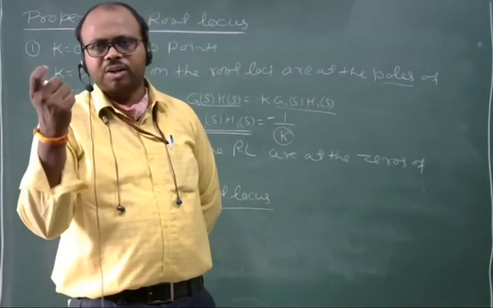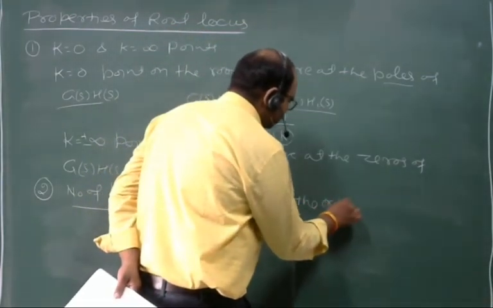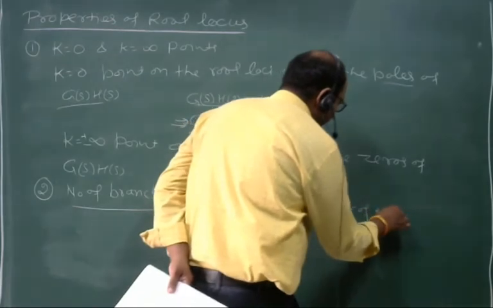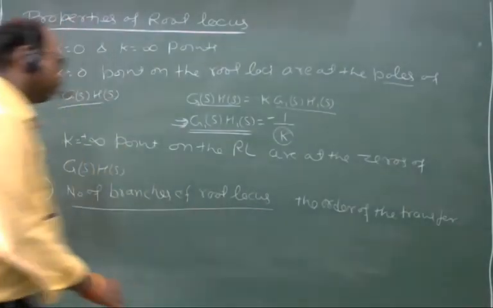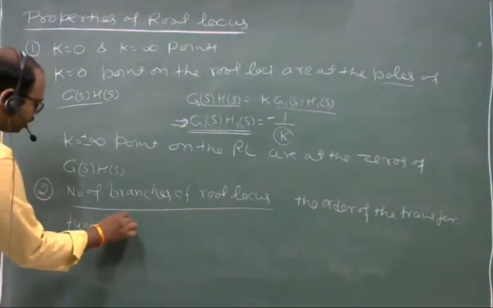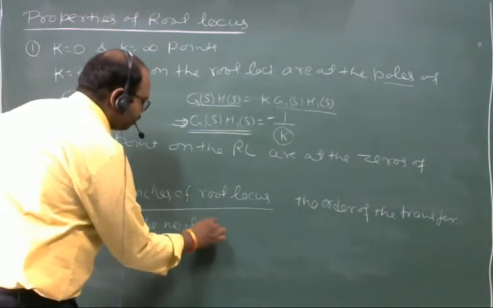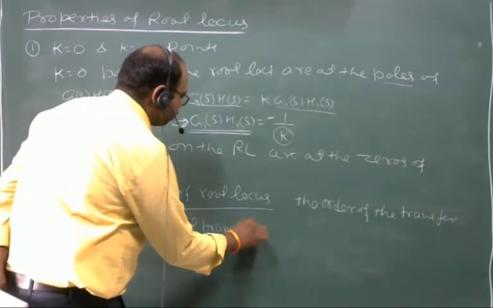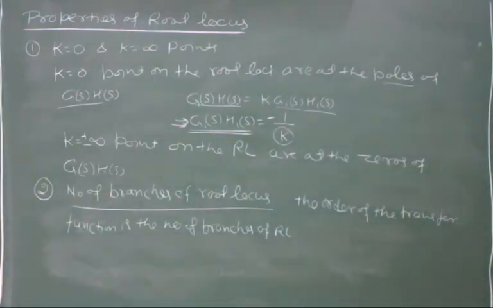The order of the transfer function is the number of branches of the root locus.